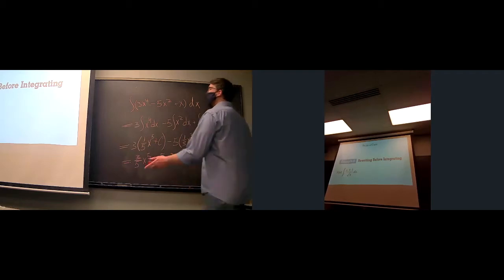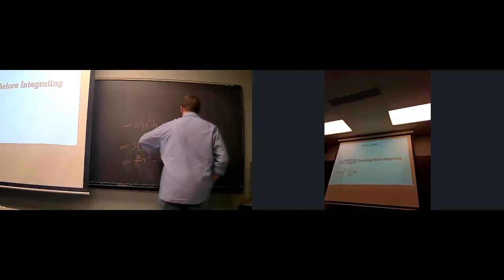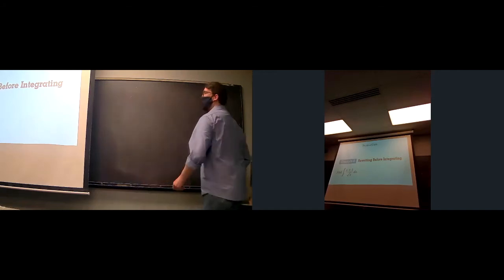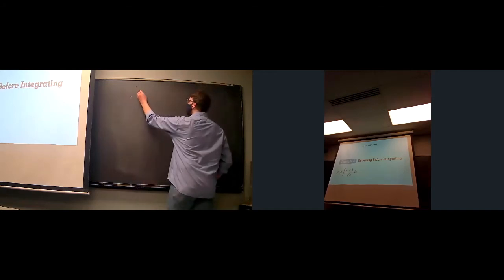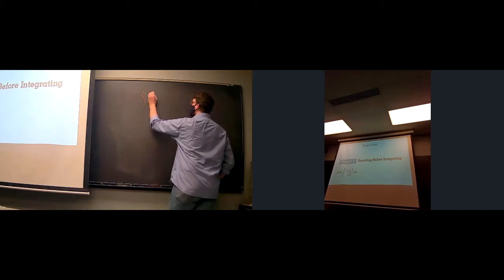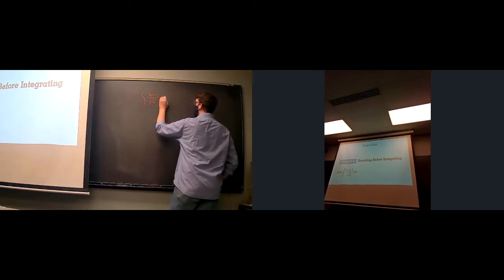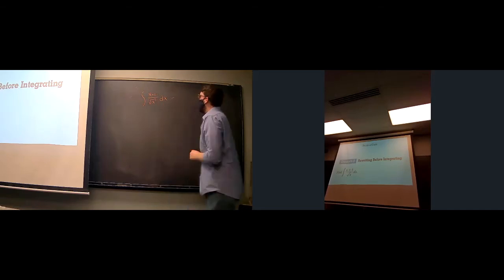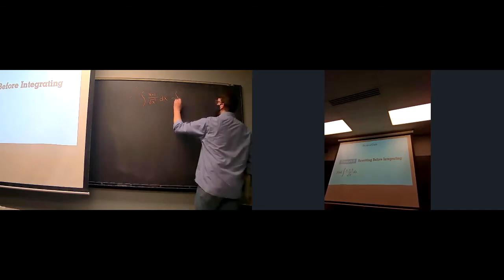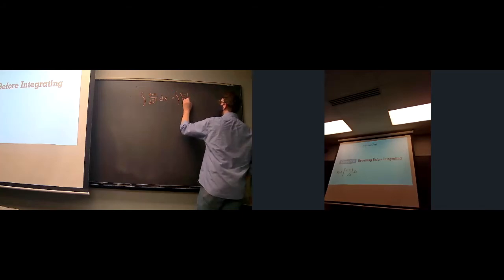Well, if we break this fraction up into 2 different smaller fractions, what will happen? This thing can be rewritten as x plus 1 over x to the 1/2 dx, right?